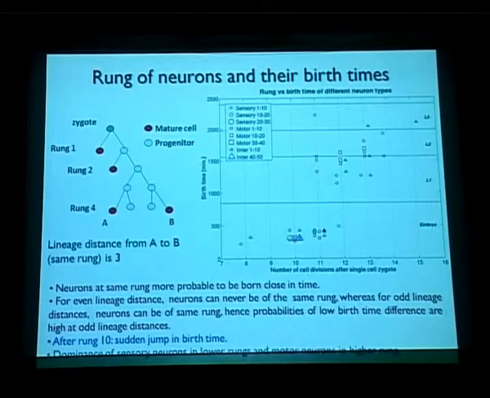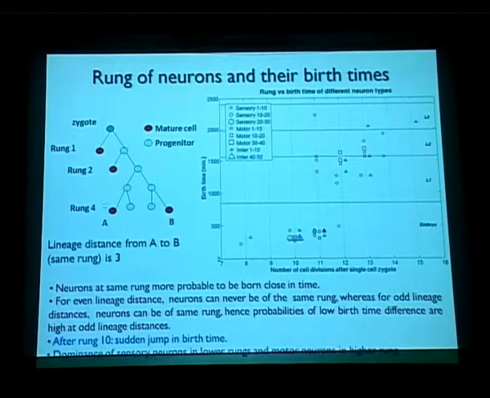So this is how we measured the lineage distance, as we had discussed. The lineage distance from A to B is 3: 1, 2, 3. What you notice is that for even lineage distances, neurons can never be of the same rung, whereas for odd lineage distances, neurons can be of the same rung.